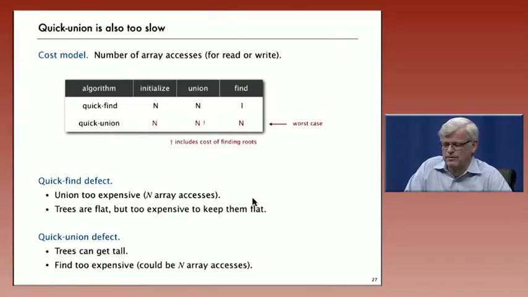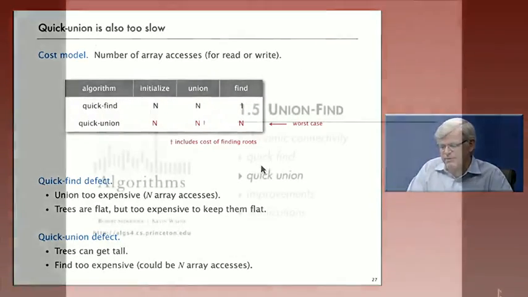The defect of quick union is that the trees can get too tall, which would mean that the find operation would be too expensive. You could wind up with a long skinny tree of each object just pointing to the next, and then to do a find operation for the object at the bottom would involve going all the way through the tree, involving n array accesses just to do the find operation. And that's going to be too slow if you have a lot of operations.